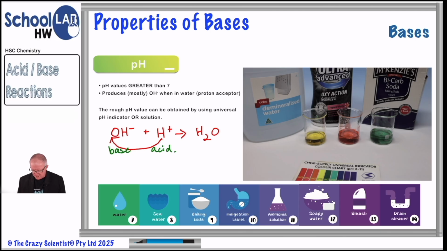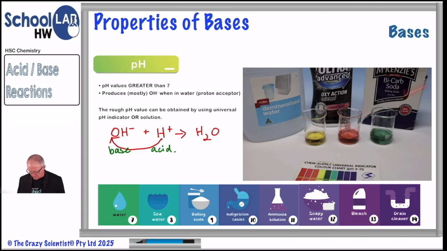Now we can distinguish between these pH values by using universal indicator paper or solution, and you can see here an example where we're testing different solutions and getting different results to indicate different pH values.